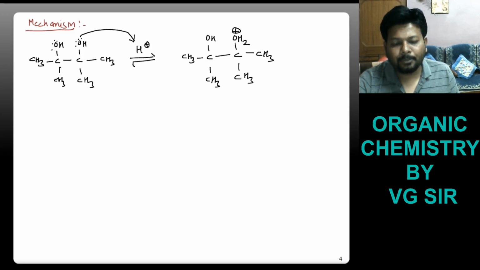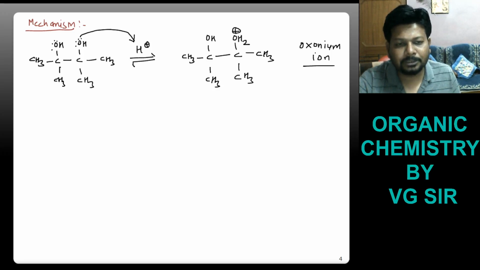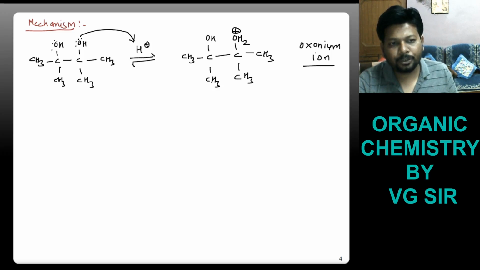Ultimately the net result is a transfer of positive charge from this hydrogen to the oxygen. So we are getting an oxonium ion in this reaction. Oxygen having three valencies with a positive charge is known as an oxonium ion. Is that clear?